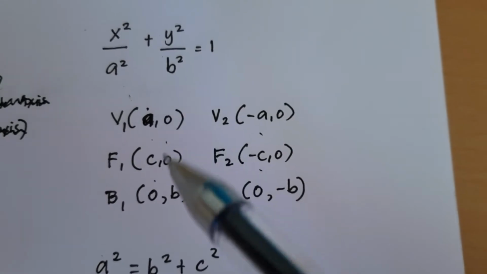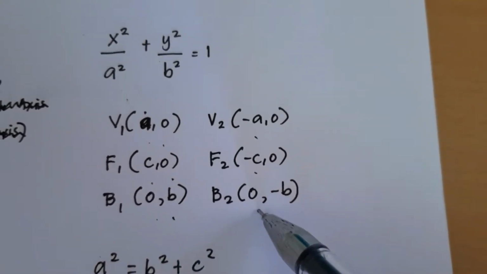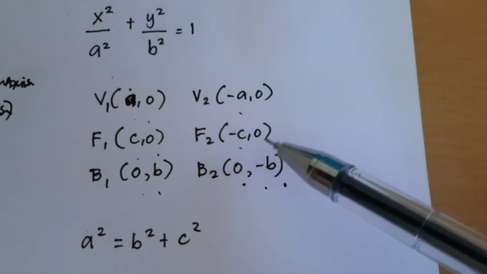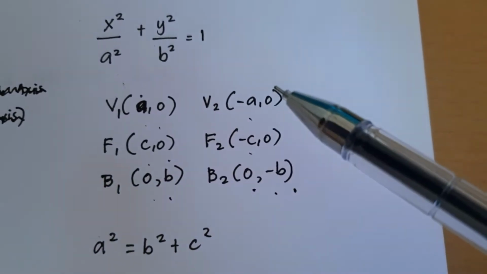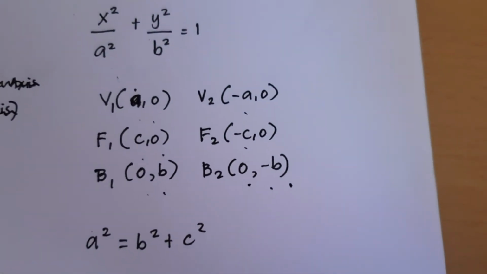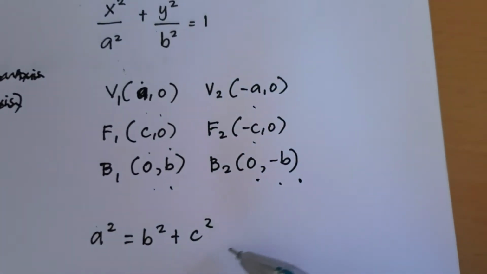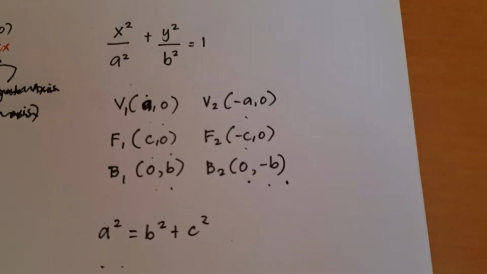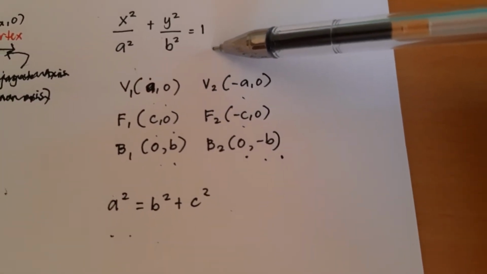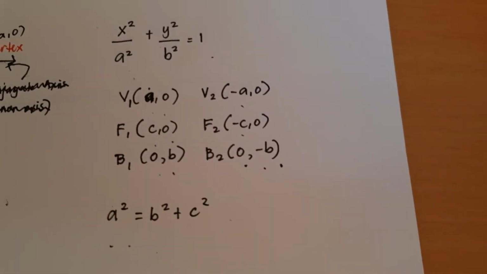And the intercepts will be at (0, b) and (0, negative b). So, when you're going to find the values of a, b, and c, and one is missing, the formula that you're going to use is a squared is equal to b squared plus c squared. Now, you're going to use this equation if the center is at the origin or coordinate (0, 0).